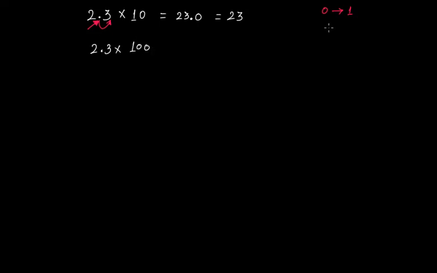Now in this case you have 2 zeros, okay, and our decimal point is here. So this decimal point will move towards the right and will be placed after the second digit. It will move 2 times towards the right. It means that it will be placed after 2 digits to the right of this decimal point.